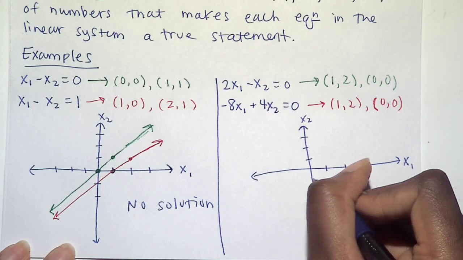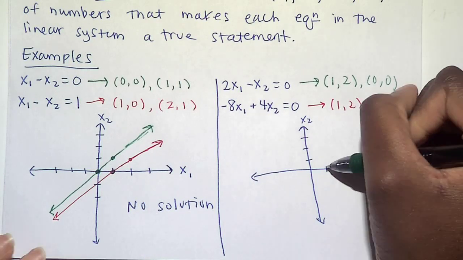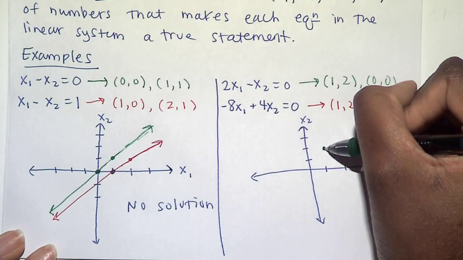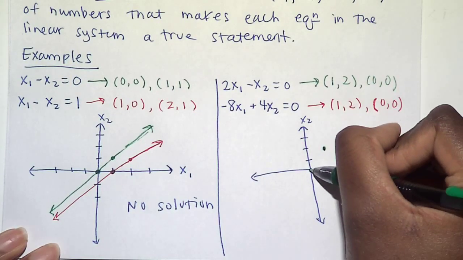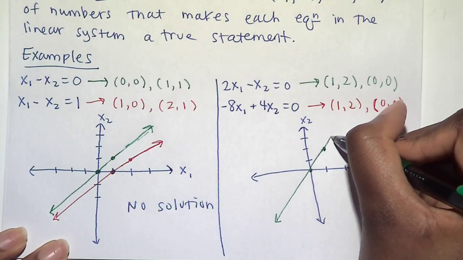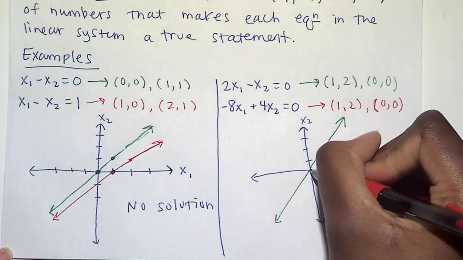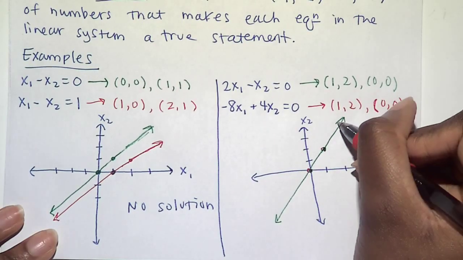Don't need many tick marks here. Okay, so I will still try to use both colors. So we got 1, 2 and 0, 0. Solutions for the first equation. 1, 2, 0, 0.